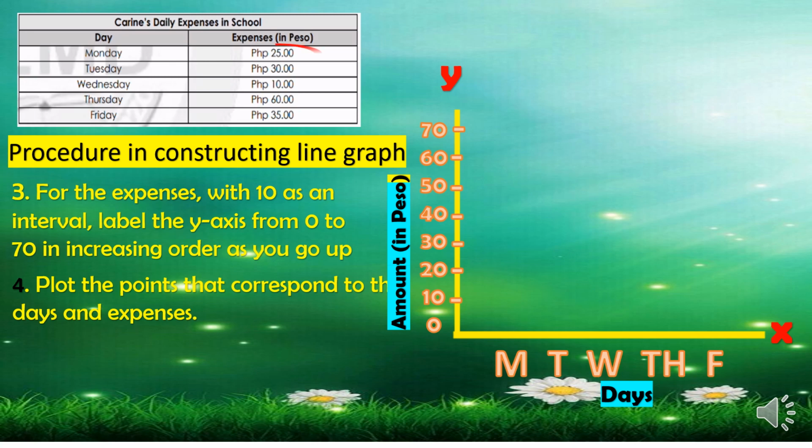So on Monday, 25 pesos, that is between 20 and 30. Then we have 30 on Tuesday, 10 pesos on Wednesday, 60 pesos on Thursday, and 35 pesos on Friday.